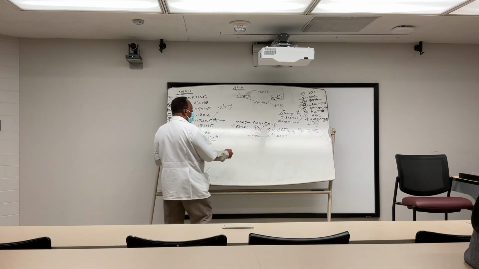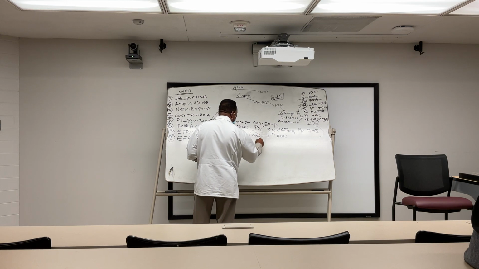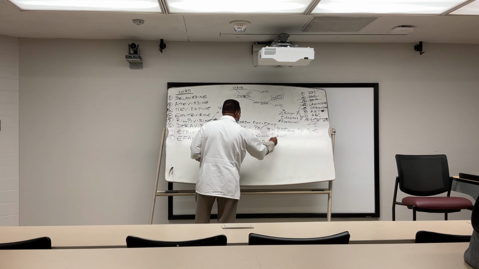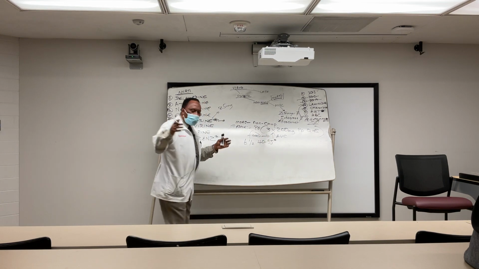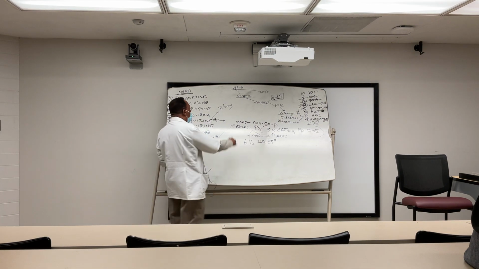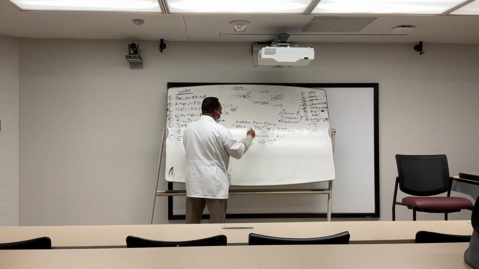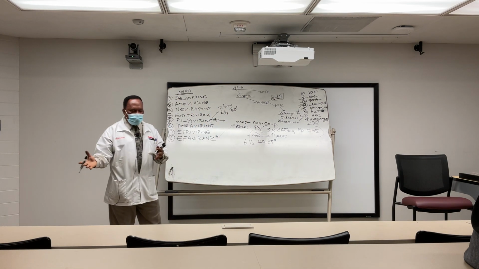The half-life is about 40 to 55 hours, so very long. With your ribavirin, the half-life is about 50 hours, so it's within the same range in terms of the half-life.